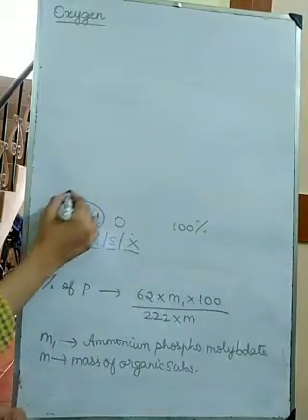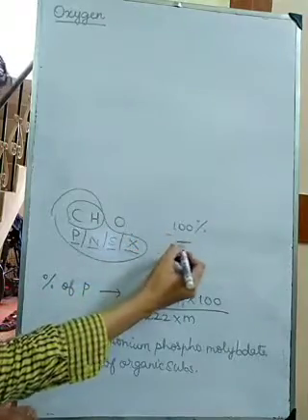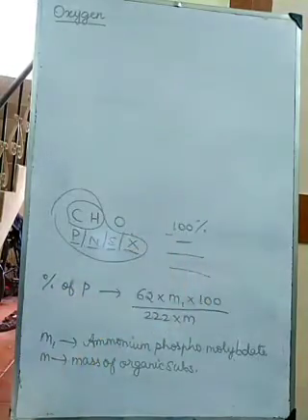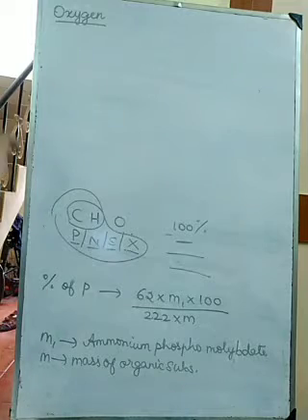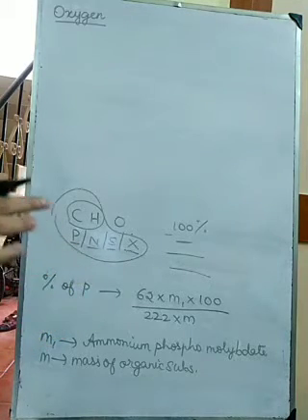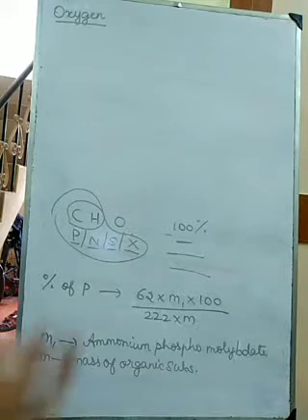So when you add all these percentages and subtract the sum from 100, you will get the percentage of oxygen. So there is no separate method to find the percentage of oxygen. You have to add all the percentages and subtract from 100. You will get the percentage of oxygen.